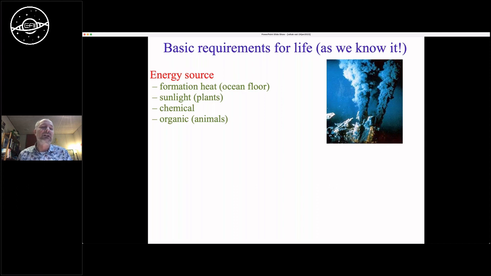So the first thing you need for life is an energy source, and that can be in many different forms. You can have the internal heat from a planet, left over from its formation, and you can tap into this on the ocean floor where there are volcanoes, as in this picture here at the top right. In fact, people think that life on Earth started in systems like these, in these underwater volcanoes, which are about 70 degrees, nice warm conditions, and very good to get life started. Another potential energy source is sunlight.